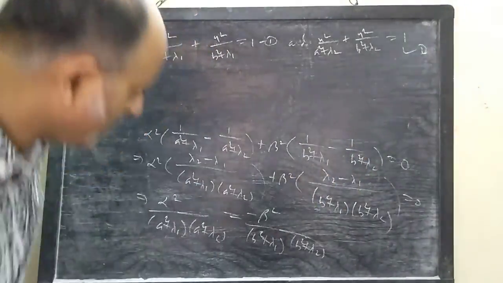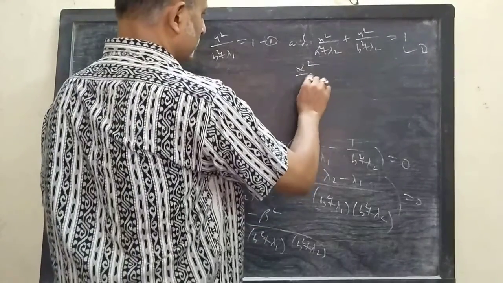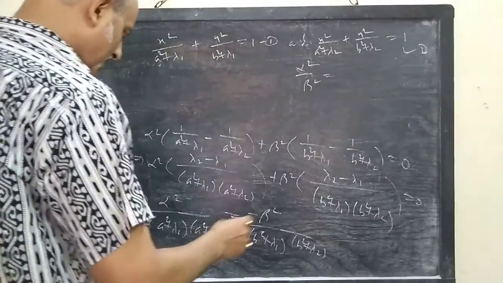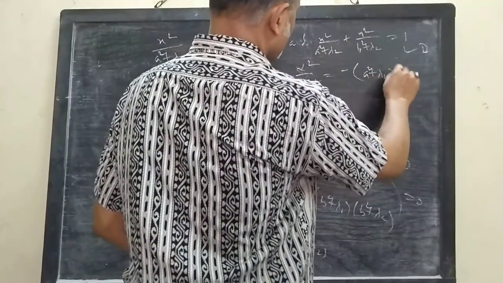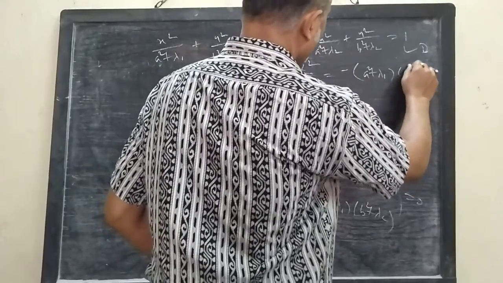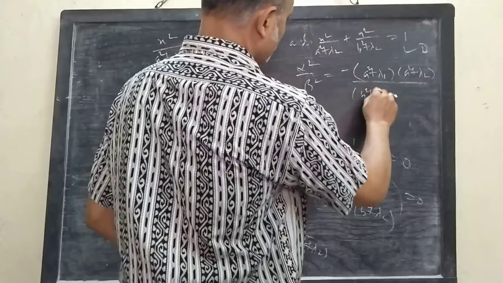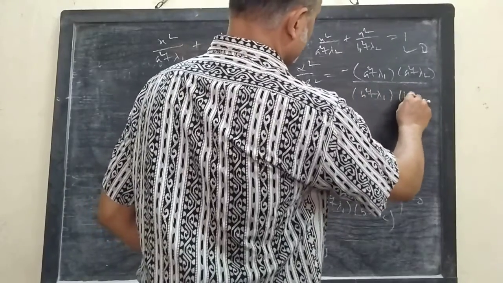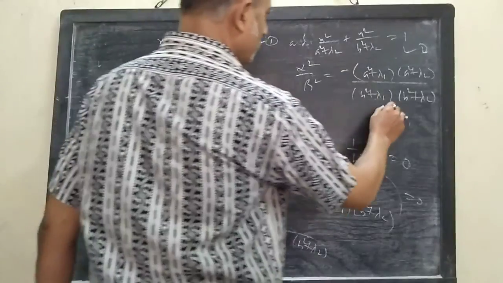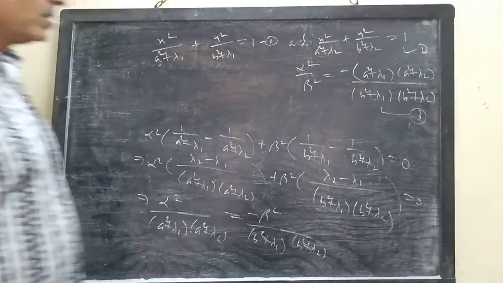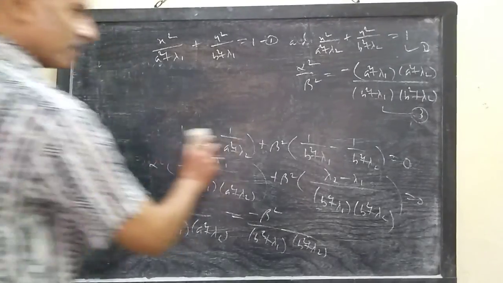I am writing here alpha square by beta square is equal to minus a square plus lambda 1 into a square plus lambda 2 by b square plus lambda 1 into b square plus lambda 2. This result will be used in our future calculation, so preserve it. Now I am using this part.